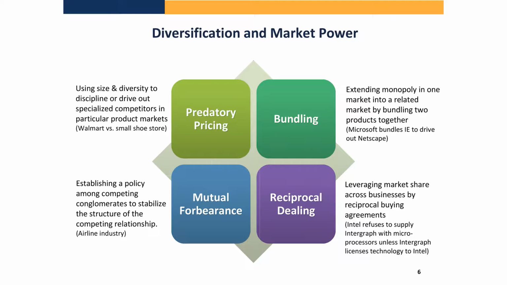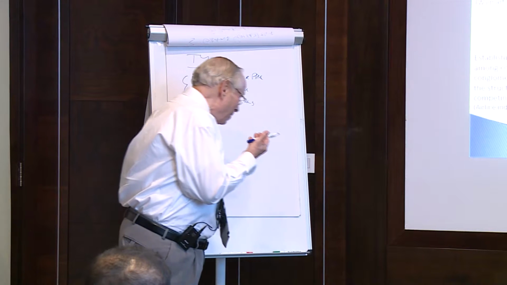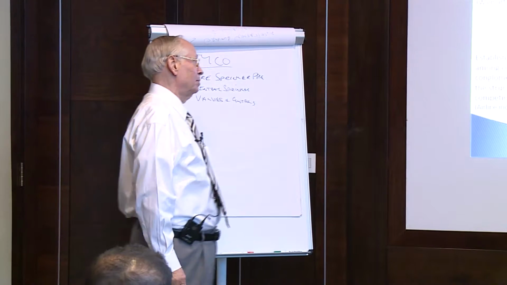Mutual forbearance is establishing a policy among competing conglomerates to stabilize the structure of the competing relationship. The airline industry is the perfect example.